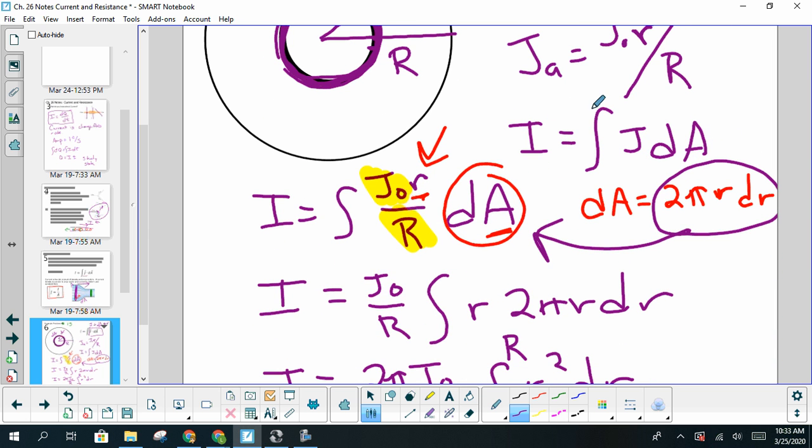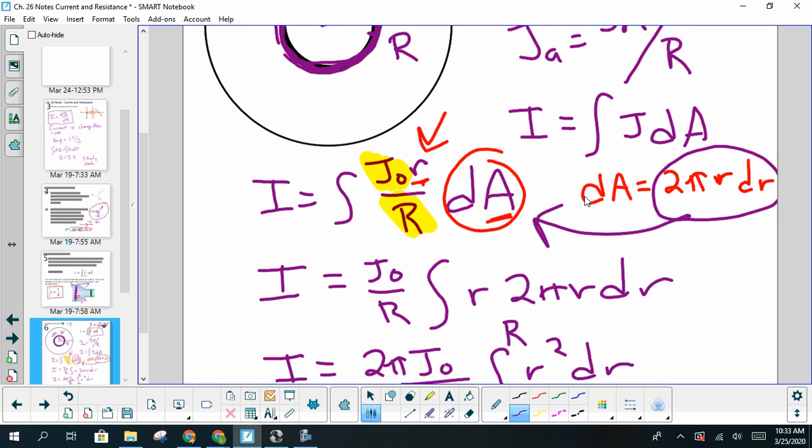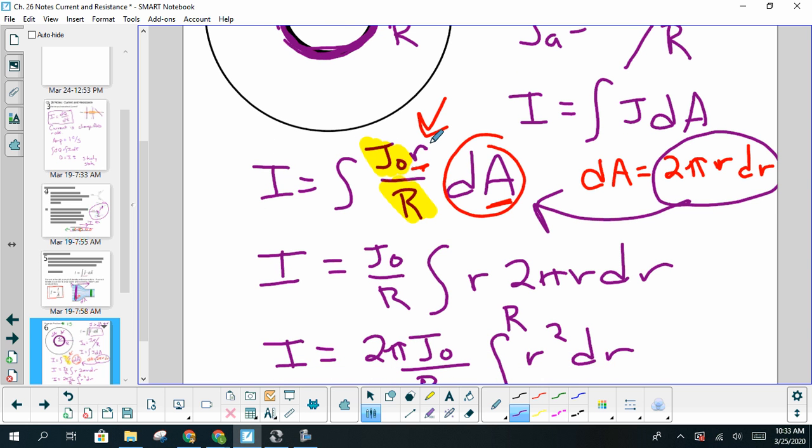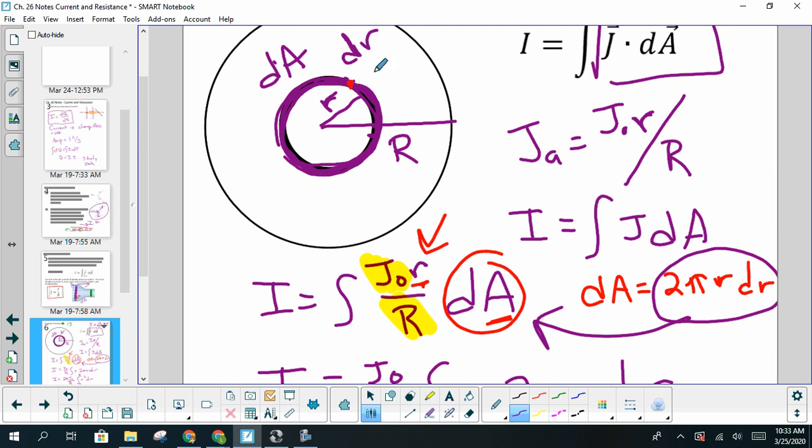and then we are left with this function here. When we substitute in our function for our current density, we notice that it is in terms of R instead of in terms of area. So then we need to rewrite that differential dA in terms of a variable that matches R. And when we do that, if we look back at our circumference here, that purple is our dA, and this little guy here is our thickness of that circumference.